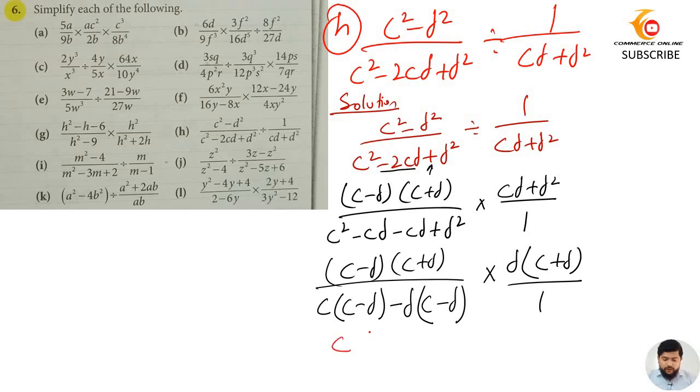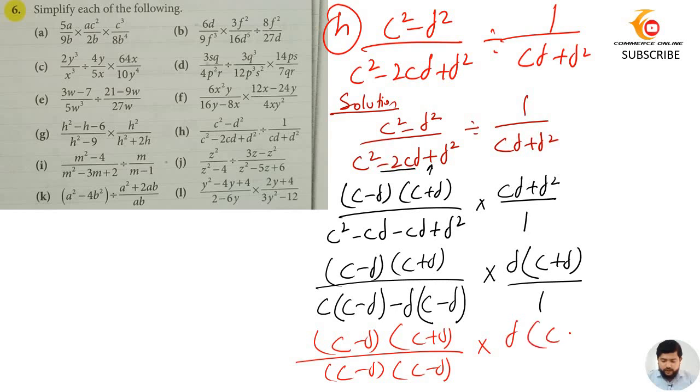Now c minus d, c plus d divided by c minus d, and c minus d will arrive, multiply d, c plus d divided by 1.